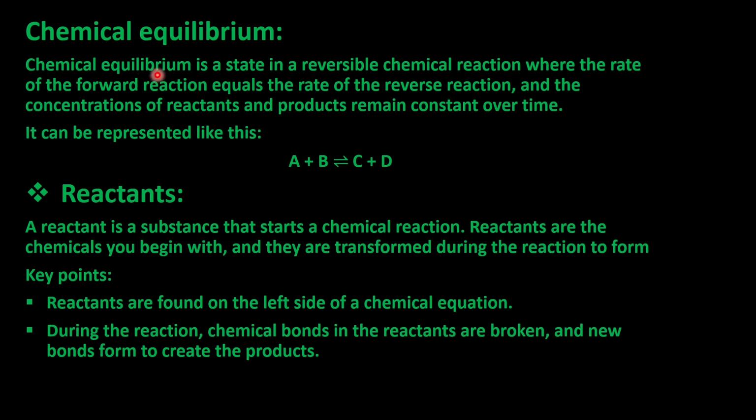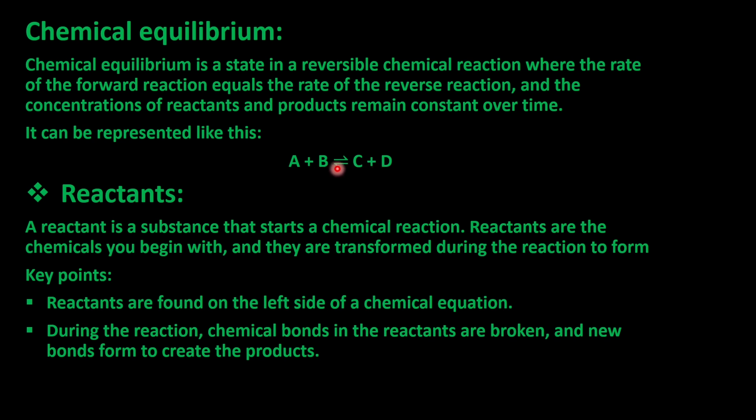So by definition, chemical equilibrium is a state in a reversible chemical reaction where the rate of the forward reaction equals the rate of the reverse reaction, and the concentration of reactants and products remain constant over time. It can be represented like this. If A plus B, these are reactants, reacts and gives C plus D, then C plus D is the product.